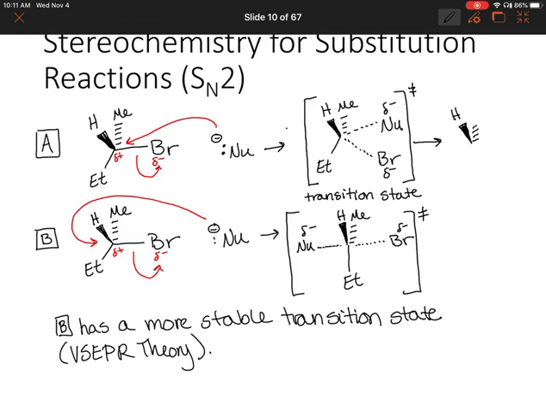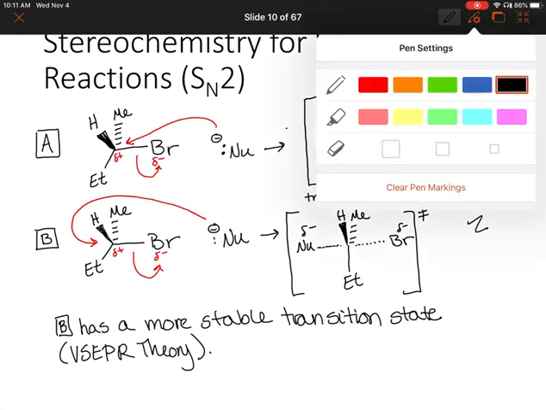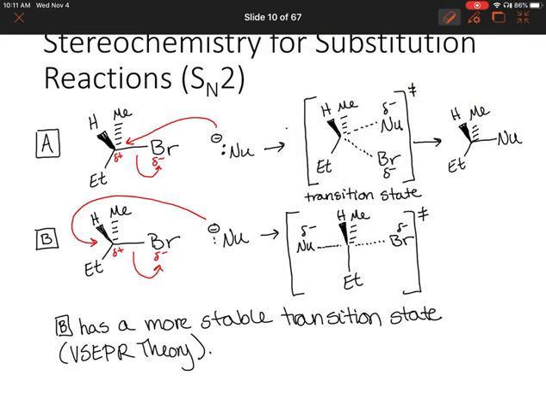So we would retain that same configuration that we had before. So this would be called the retention product.